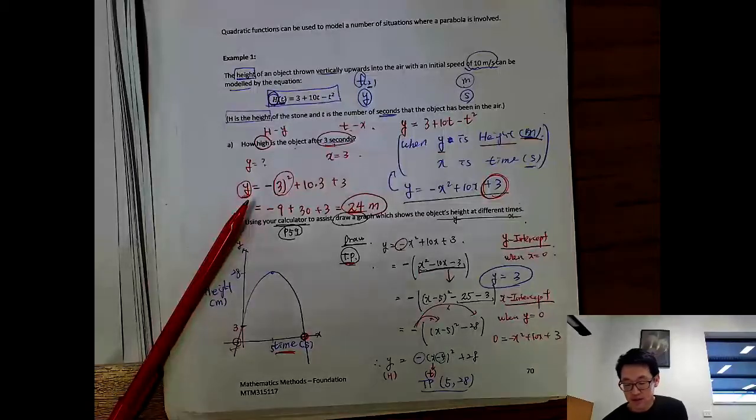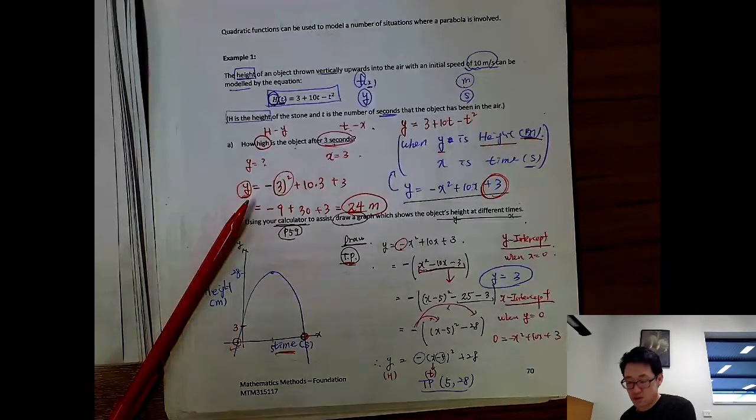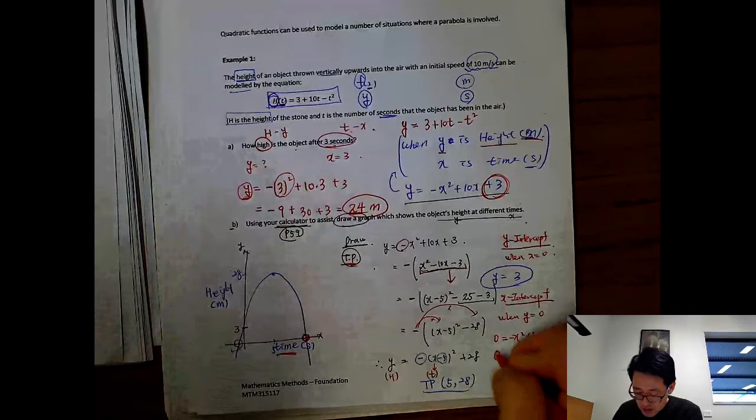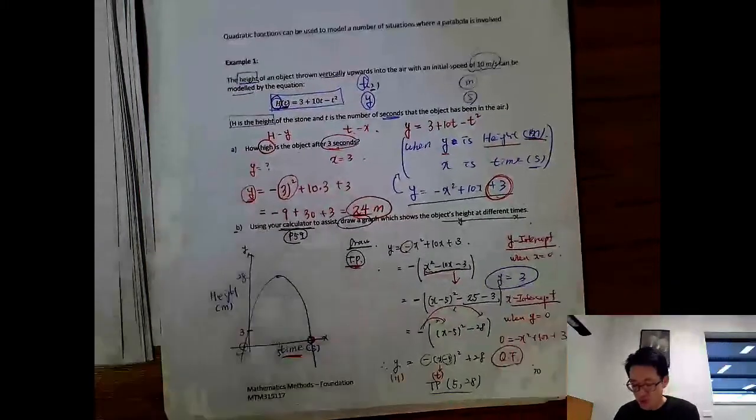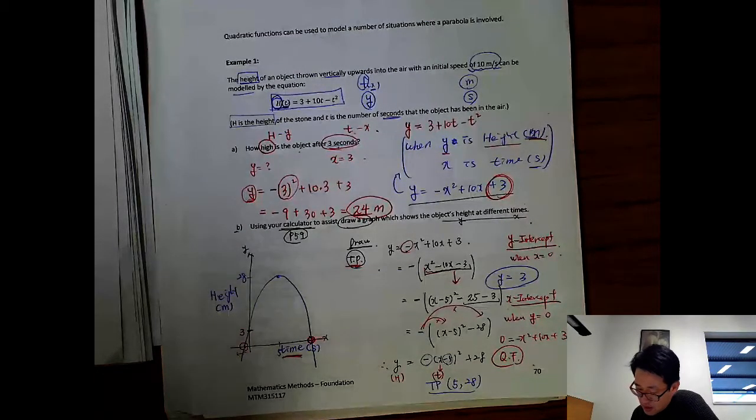How did you do that? You can factorize it, like 3, 1, can we make 10? No, we can't. So what's the last resort we can do this? Quadratic formula. Use quadratic formula. When a is minus 1, b is 10, c is 3.